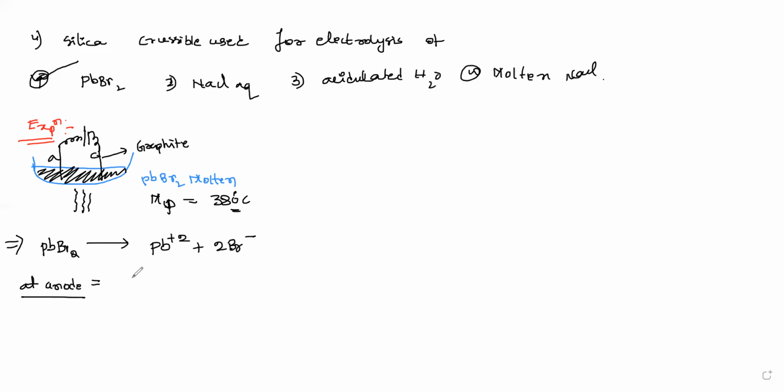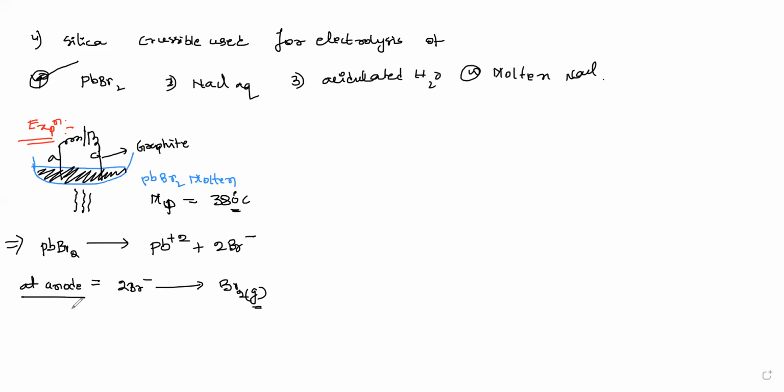At the anode, which ions are moving? It is Br minus, converting into Br2 gas. So Br2 gas is liberated, bromine gas is liberated here. What is the color of this?